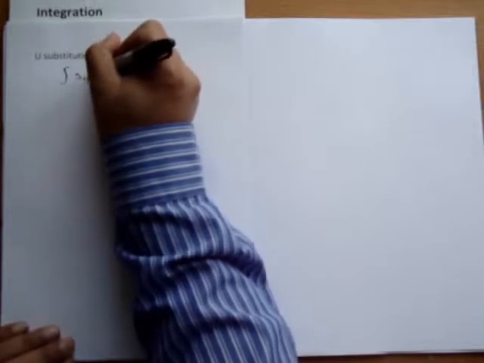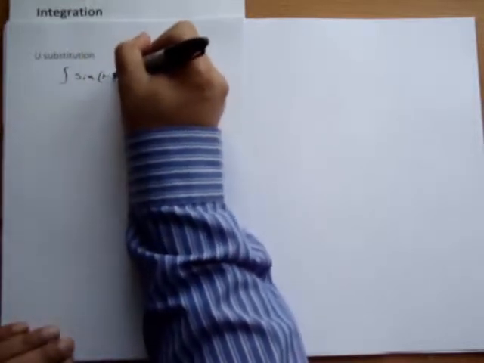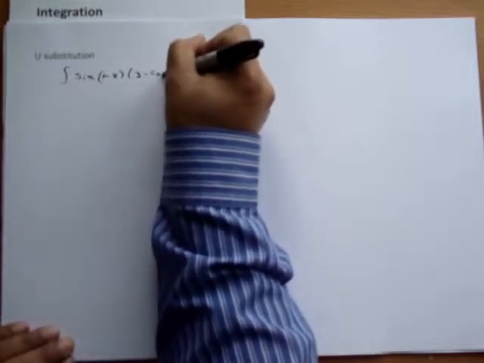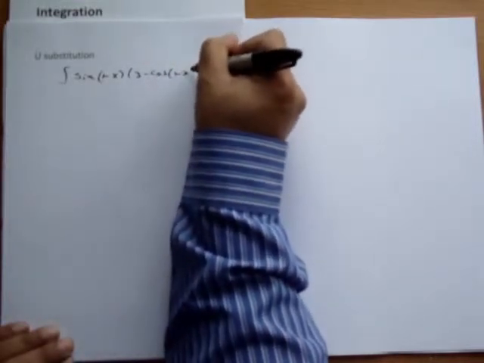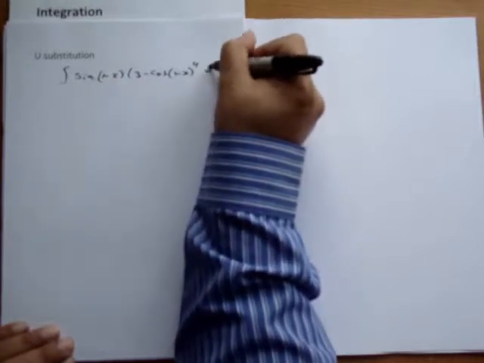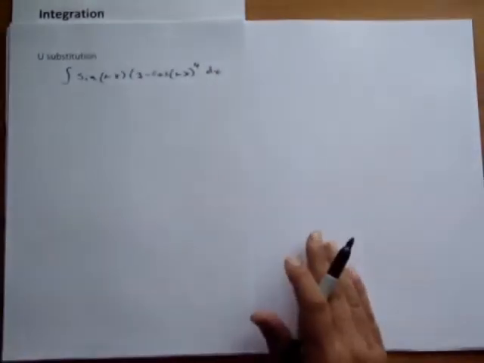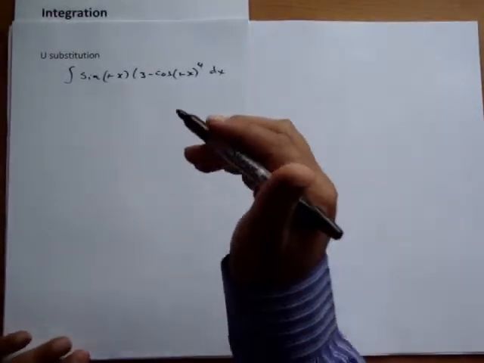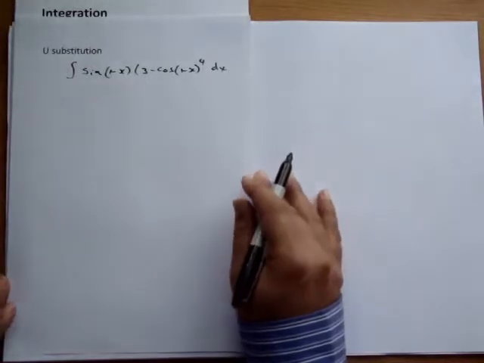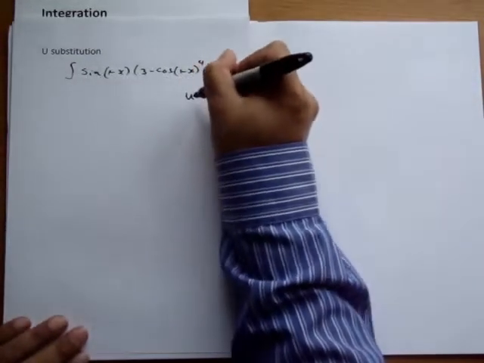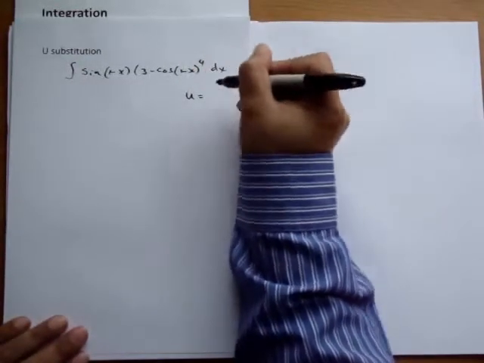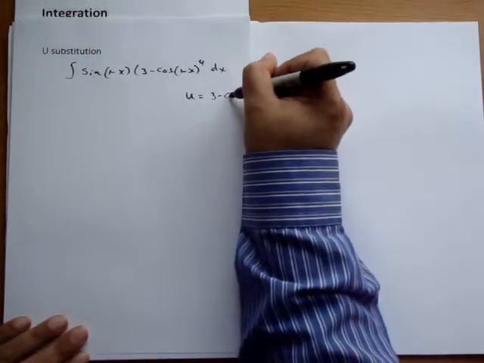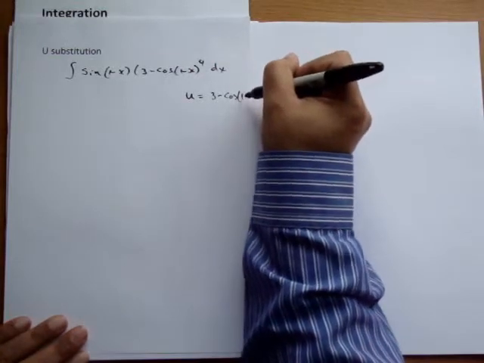Integral of sine 1 minus x times 3 minus cos 1 minus x to the power 4 dx. So let's choose something to be the u. So u equals 3 minus cos 1 minus x.